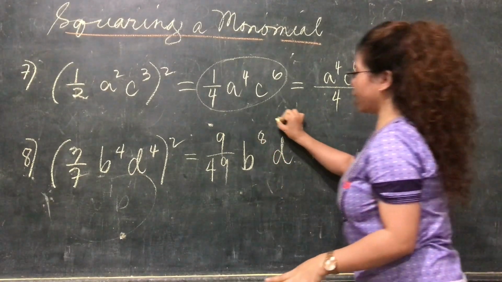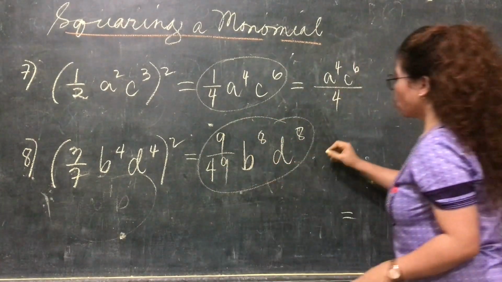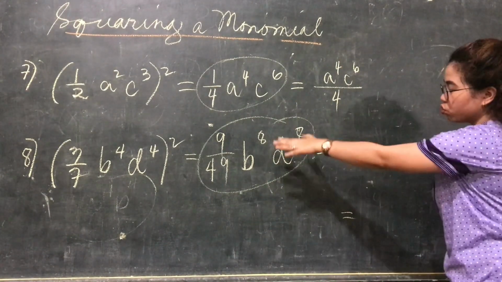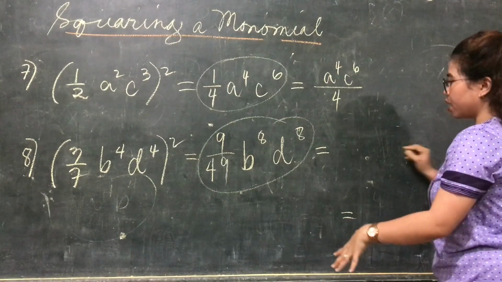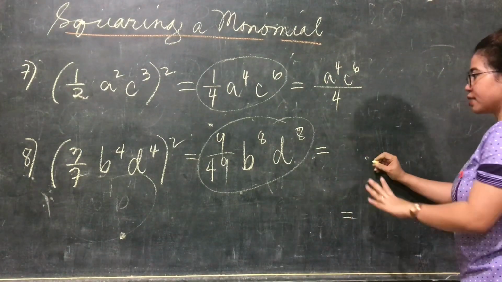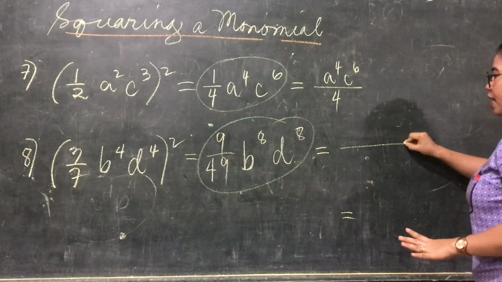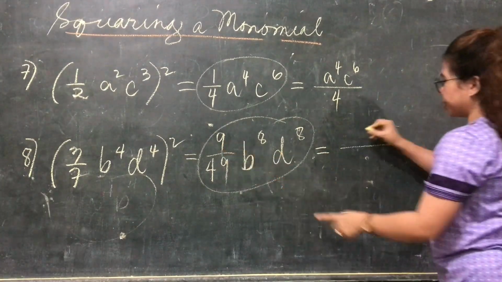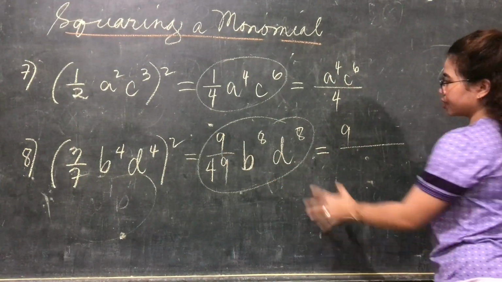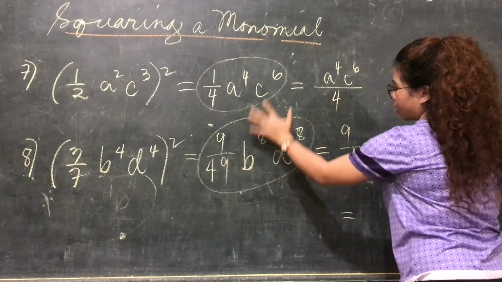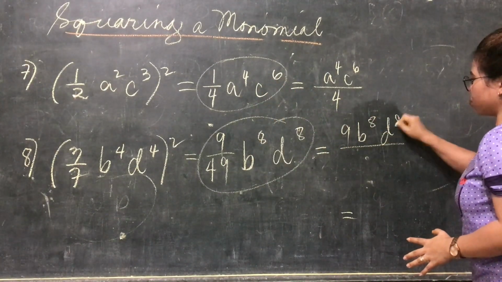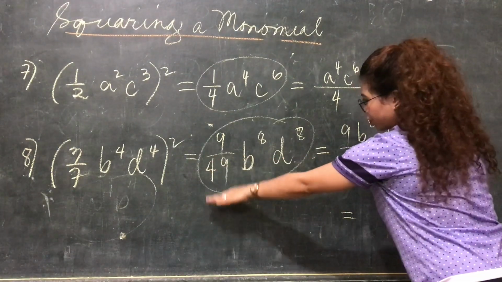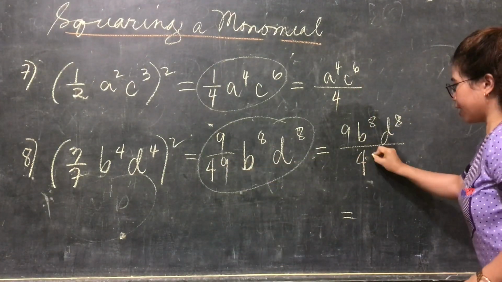Or, kung ganahan pa ka, pwede ani nga forma: sa taas, 9, b to the 8, d to the 8, ug sa baba, 49.